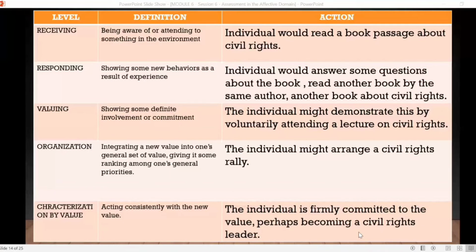Yes, the affective domain is difficult. You think it's easy to appreciate and to value. But that is the level. It could even be that the level is only the receiving part, for the sake of, for instance, passing the subject. Because my teacher might fail me, sir. Okay, I'm aware. That's only the receiving level.